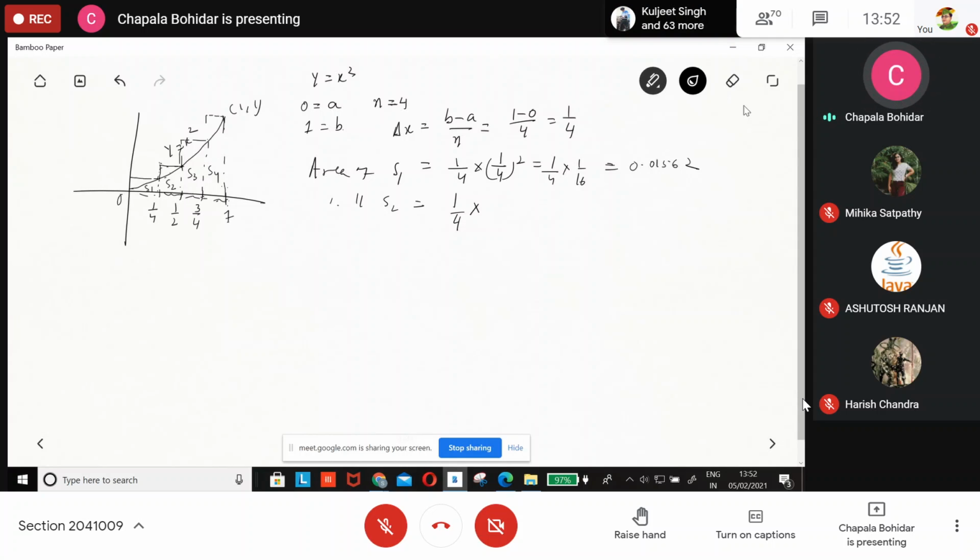So now tell me the value: 1 by 4 into 1 by 4 is 1 by 16, which is 0.0625. Okay. Then S3. Tell me the value. S4.